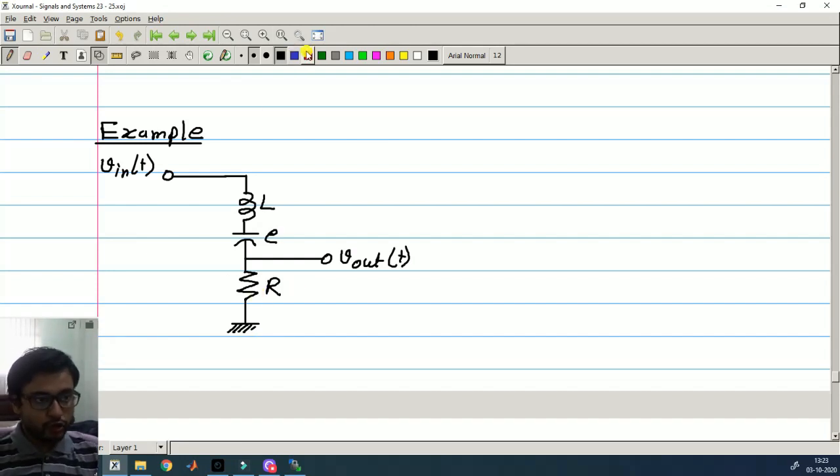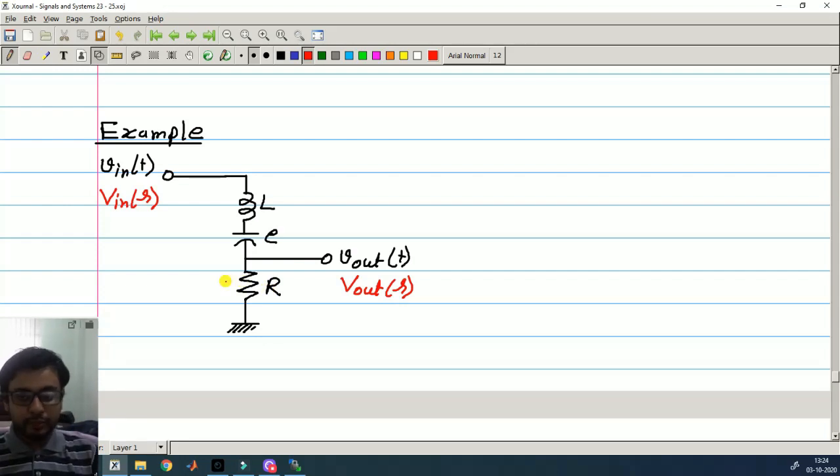First we will write all quantities in terms of their Laplace transform: V in(s), V out(s), and all these impedances will be represented by their Laplace domain impedance.